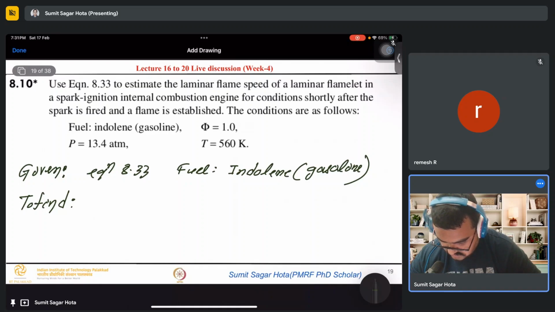So what do you need to find? SL, the laminar flame speed, we need to find out.